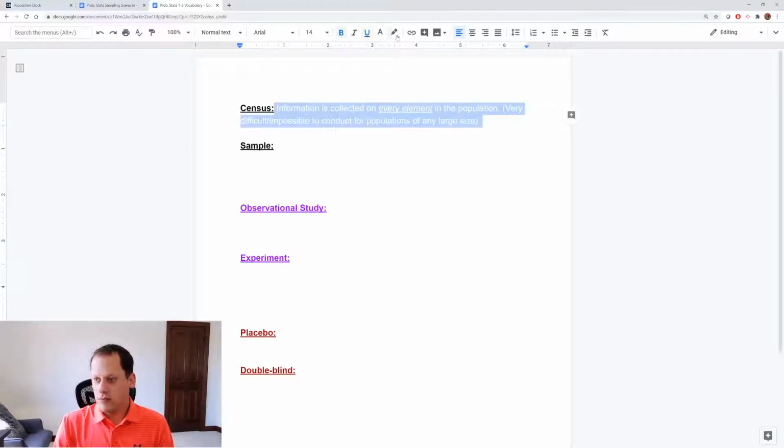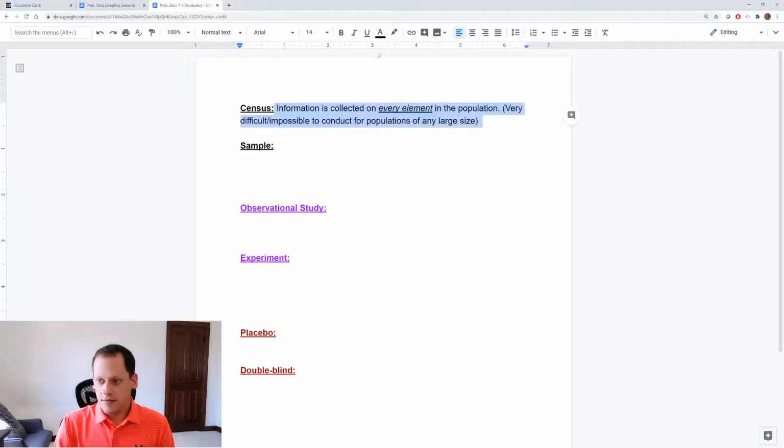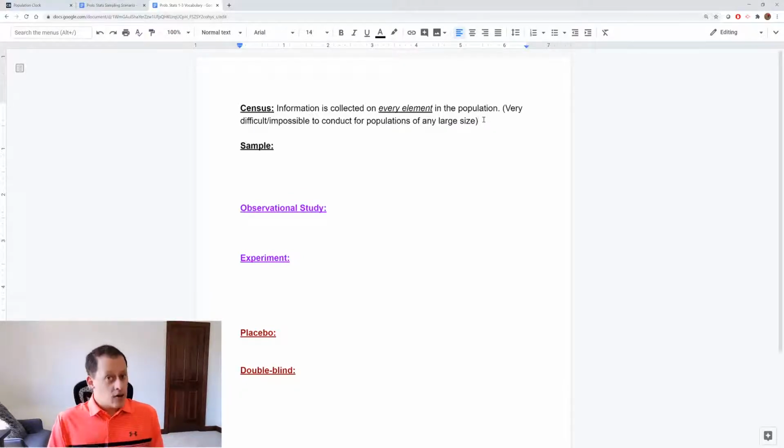So a census is where information is collected on every element in the population. And I've already stated at least a few times, it's very difficult or impossible to get a census if your population is large. Even if it's relatively small.